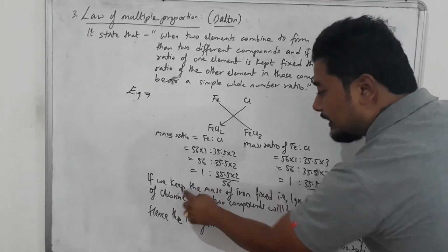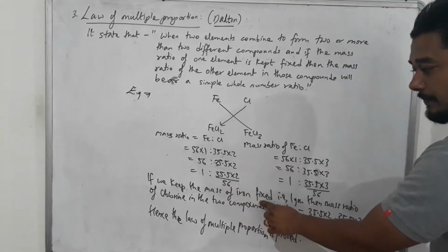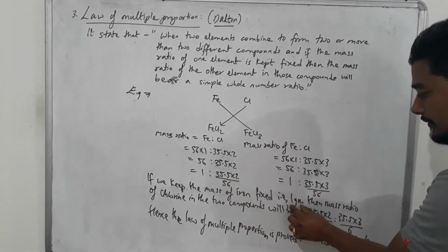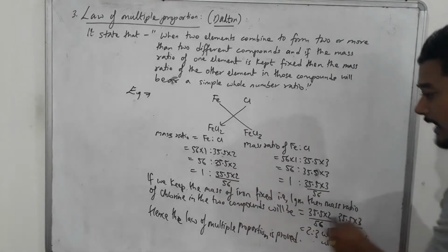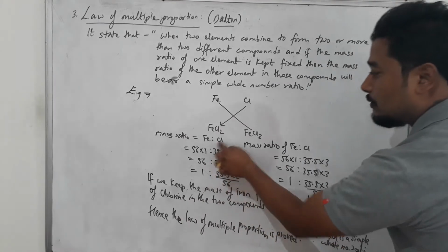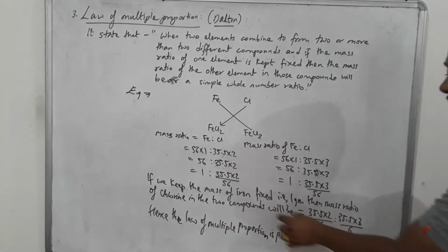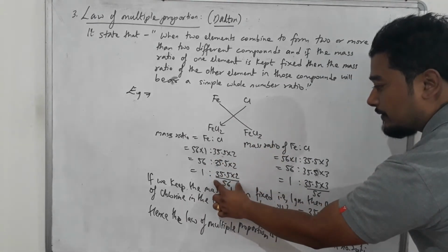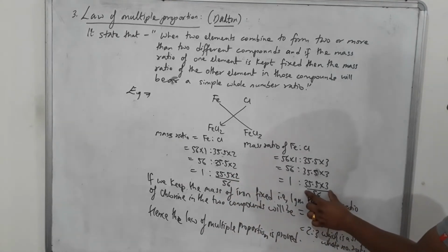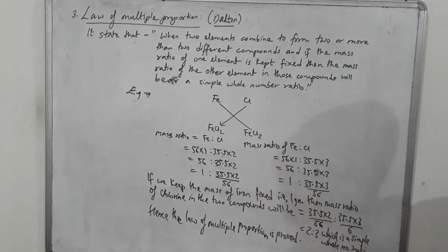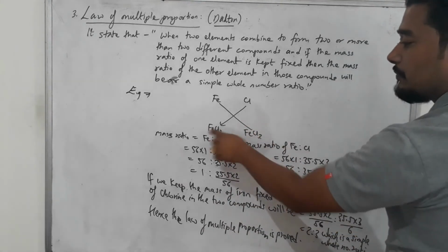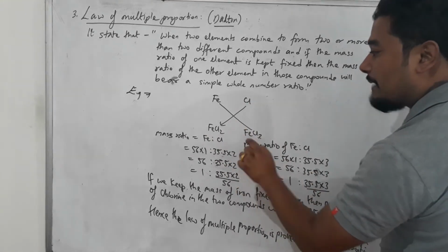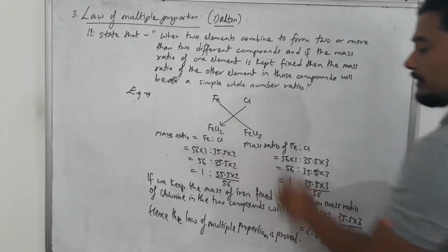Now if we keep the mass of iron fixed, that is 1 gram, then the mass ratio of chlorine in the two compounds will be 35.5 into 2 upon 56, and 35.5 into 3 upon 56. So I am keeping the mass of iron fixed in both the cases, that is 1 gram, then comparing the mass ratio of chlorine in both the cases.